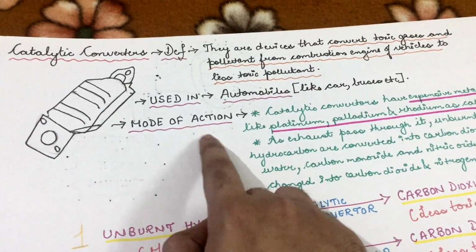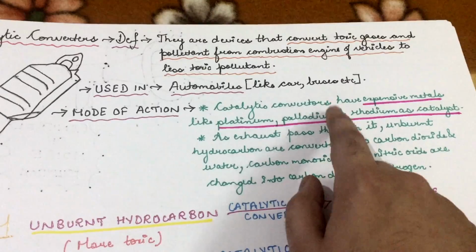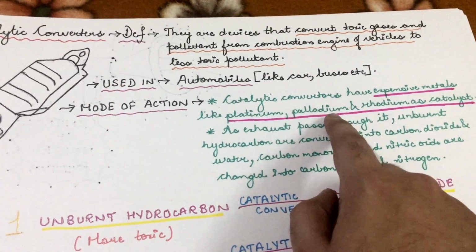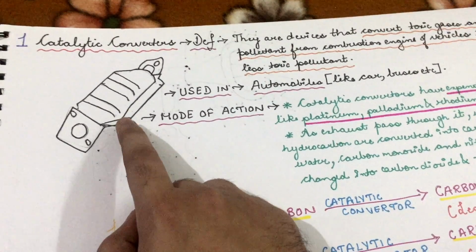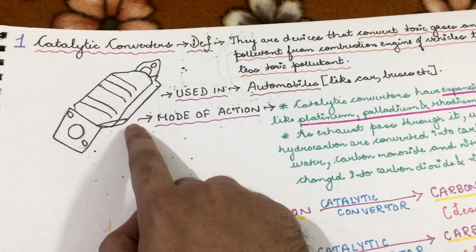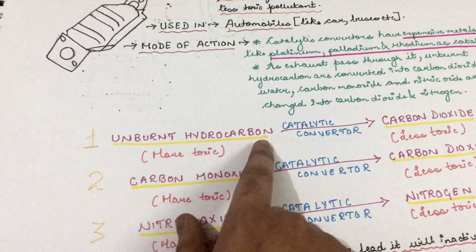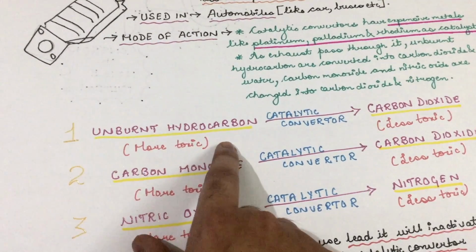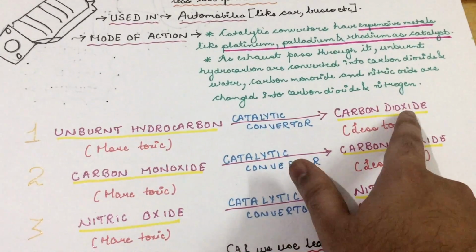Now let us look at the mode of action of catalytic converter. Catalytic converters have expensive metals like platinum, palladium and rhodium as catalyst. As the exhaust, meaning polluted gases, passes through the catalytic converter, the unburnt hydrocarbon is converted into carbon dioxide.